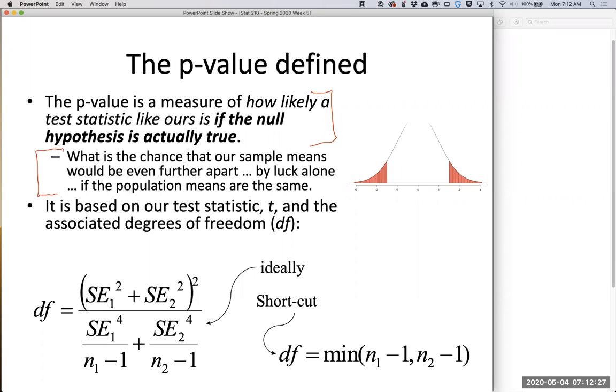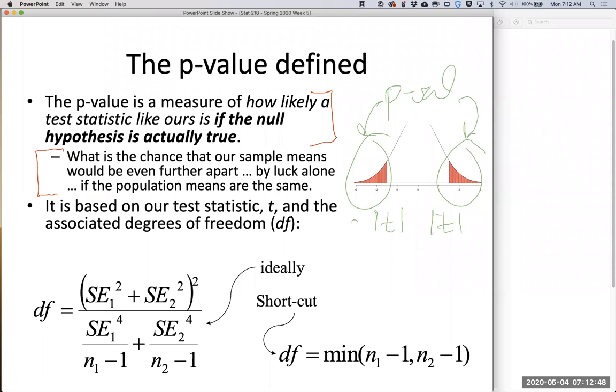You can see here the p-value shown graphically. The p-value is the area above the absolute value of t and below the negative of the absolute value of t.